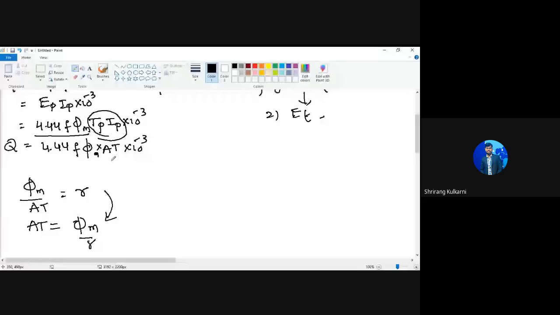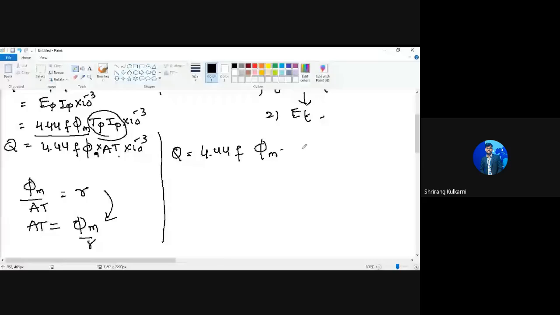Q will be equal to 4.44 frequency flux, and in place of AT, one more flux and R. It is 10 to the power of minus 3. So how many flux do we have here? Phi m square. It is phi m square by R, 10 to the power of minus 3.